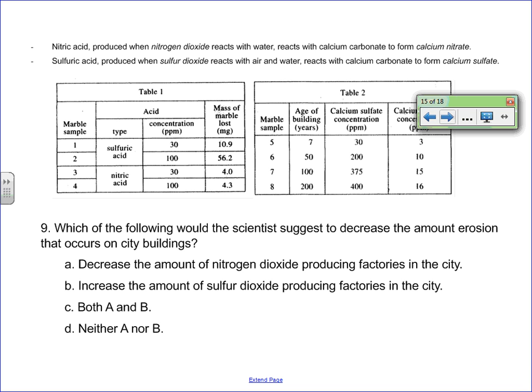Number 9, which of the following would scientists suggest to decrease the amount of erosion that occurs on buildings? What do you think? Decrease the amount of nitrogen dioxide by 60%. All right, you kind of have to think of the chain of events here. Erosion is bad. Erosion in this case is like calcium nitrate or sulfate. What causes that to form?